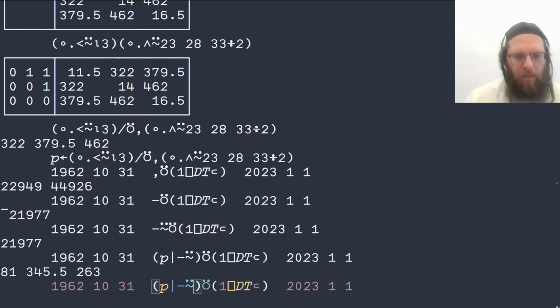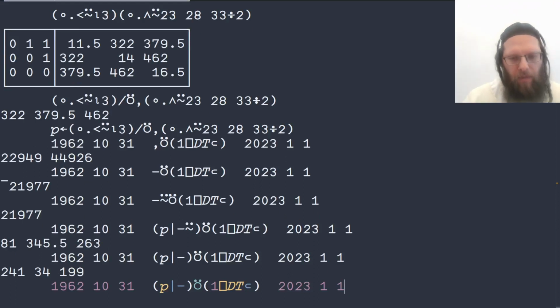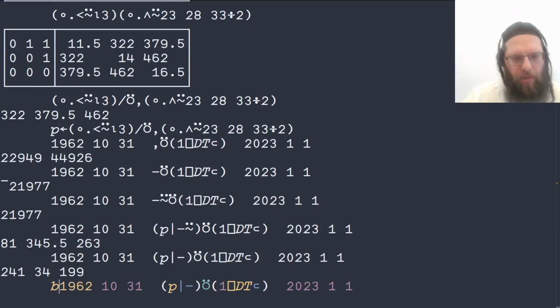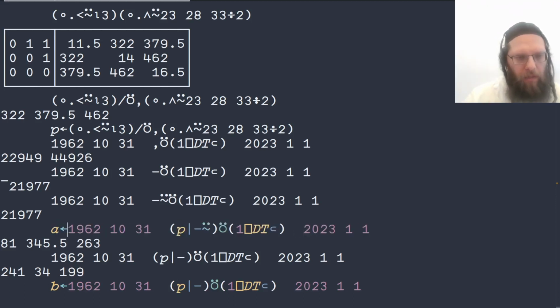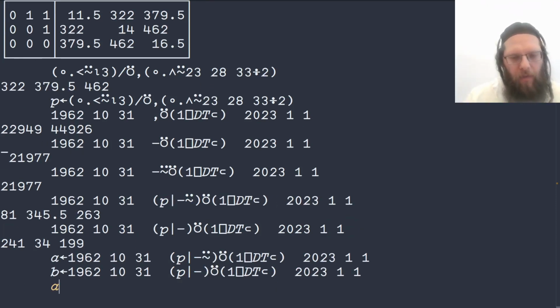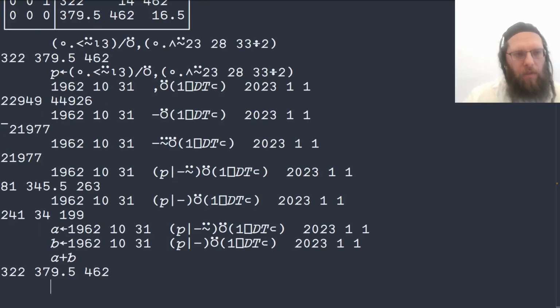That's what remainder means. But there's a clever thing in the definition of the remainder in APL, and that is if you negate the right argument, then instead of stopping right before the cutoff, we stop right after the cutoff. We can't really tell that immediately here, but if we try it, and call this one B and this one A, then if we add together A and B, that gives us the P that we have from up here.